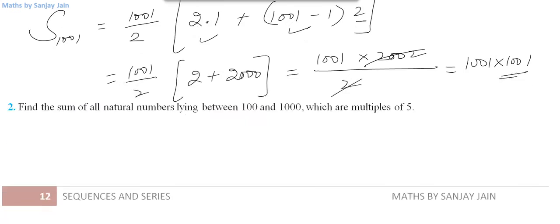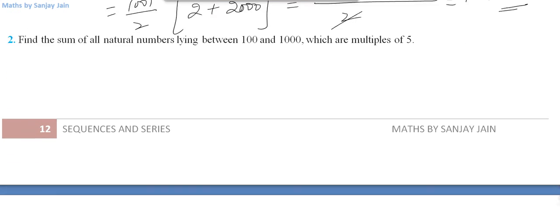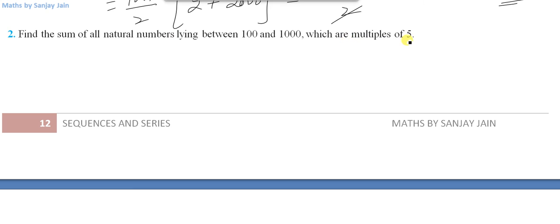Find the sum of all natural numbers lying between 100 and 1000 which are multiples of 5. So you need to find numbers lying between, that is the first number will be 105. You need multiples of 5, so the number should end with 5 or 0. So 105 is the first number and the next number will be 110, next will be 115.